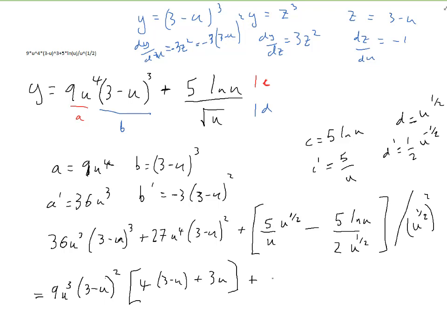So u to the power half divided by u squared is 5 over u to the power 3 over 2, minus 5 log u over u to the power 3 over 2 again.